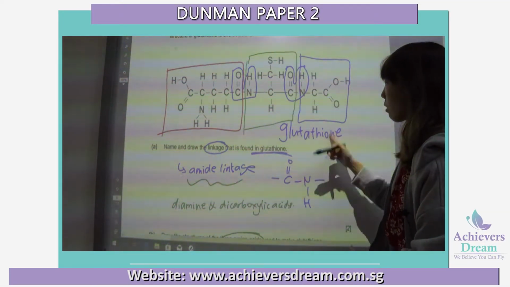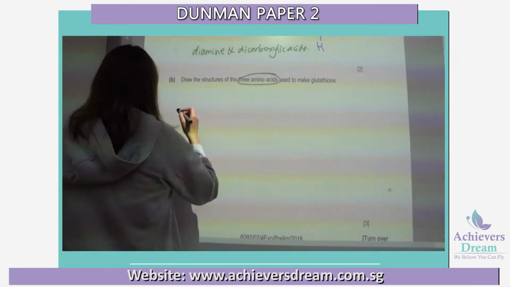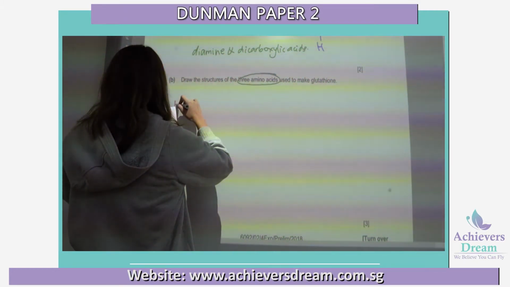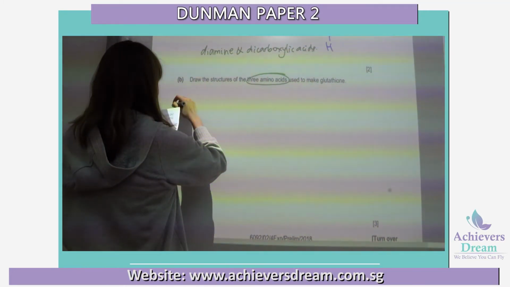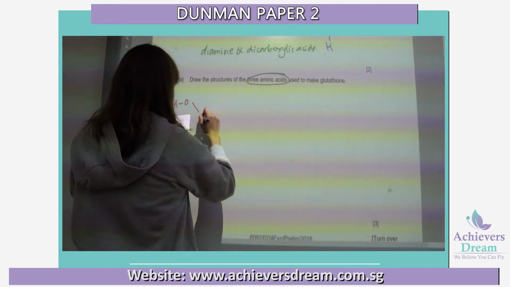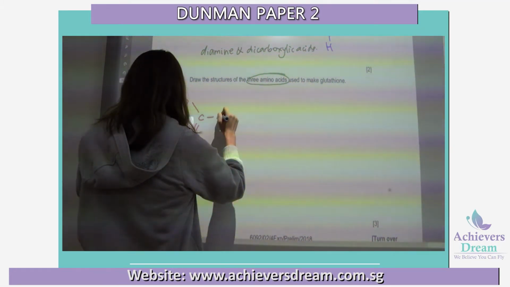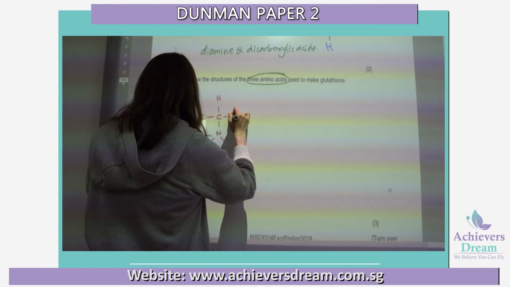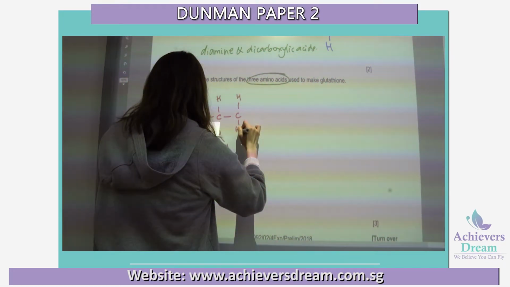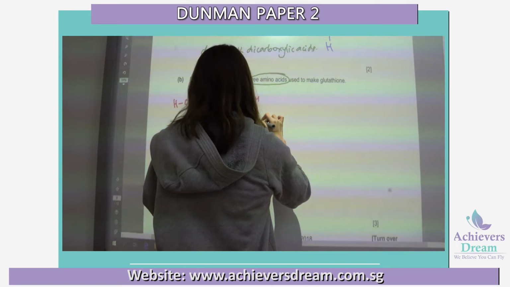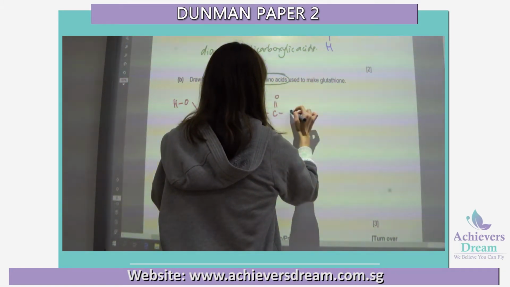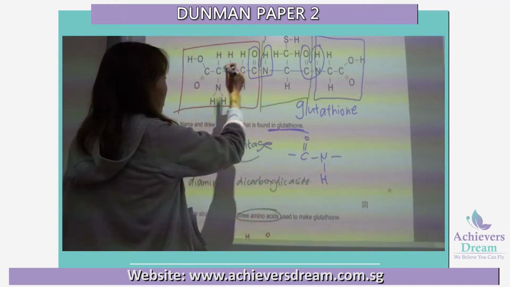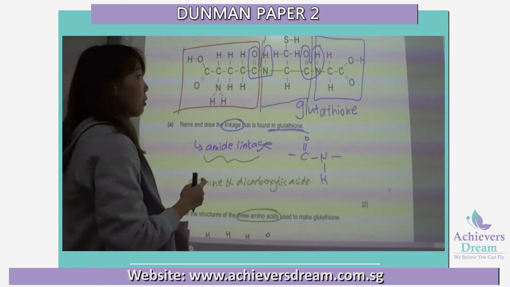So drawing the structure, it will be H. This is the first one, which comes from here. Remember, I must add in the OH to form the carboxylic group.